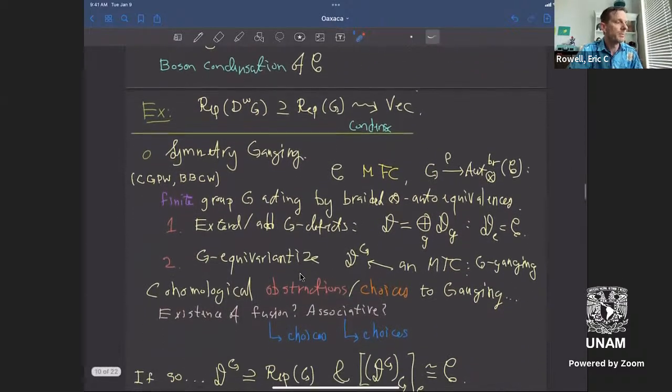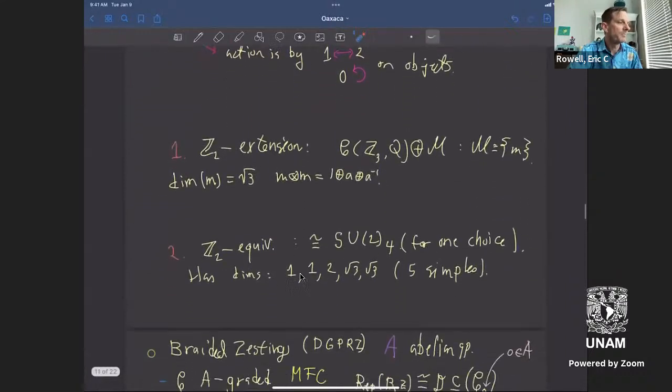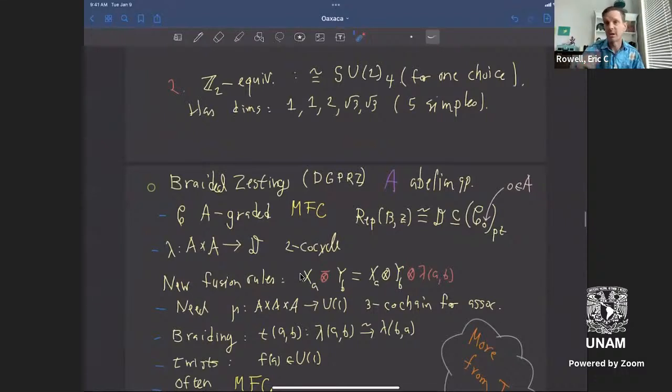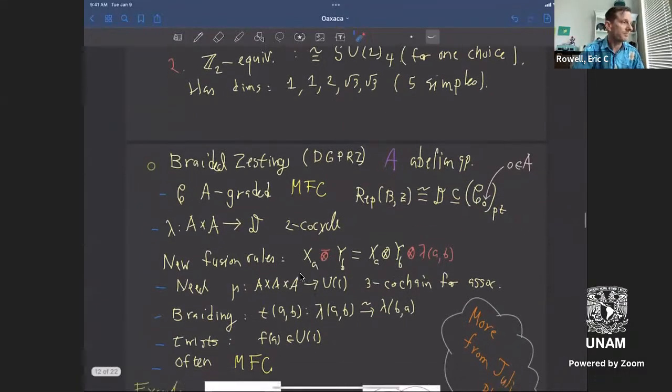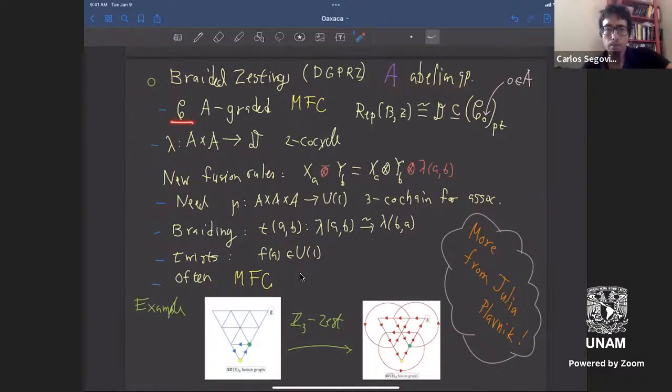Let me skip over symmetry gauging. Maybe someone will talk about that. But it's kind of the other direction to boson condensation. Let me briefly say that there's a construction that we call braided zesting, where you can construct a new category. Here, you have an abelian group A, and you have a modular category that is A-graded.